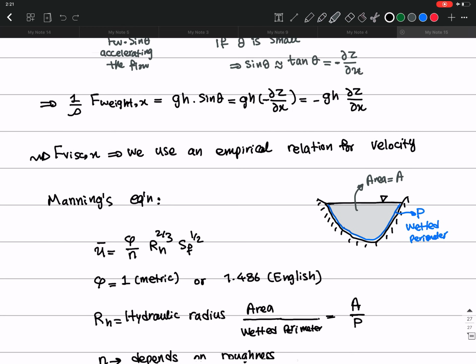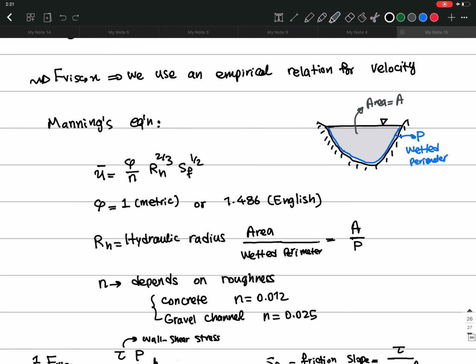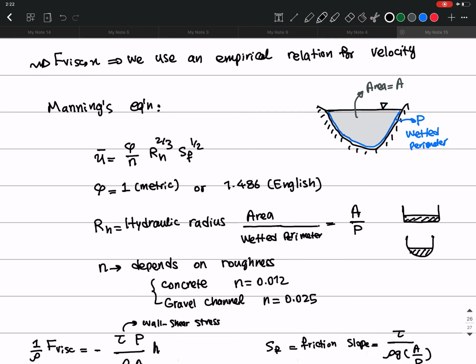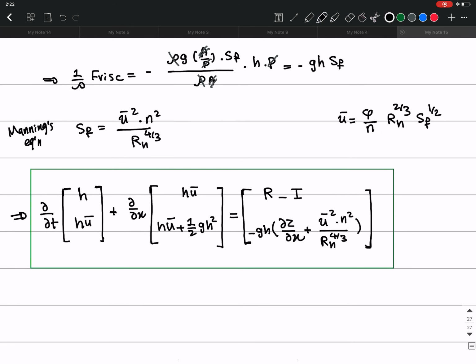the hydraulic radius R_H, again from your undergrad you can go and look. For example, if you have a rectangular channel or a circular channel, this hydraulic radius might change, depending on how much the water is filled, it is going to be different, right? So you can have a lot of different conditions, and this is the governing equation for that.